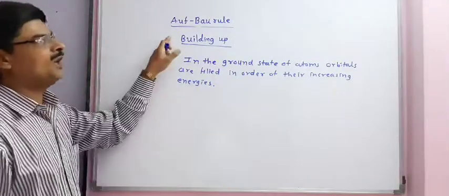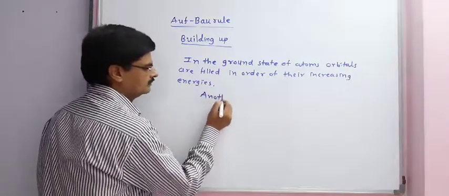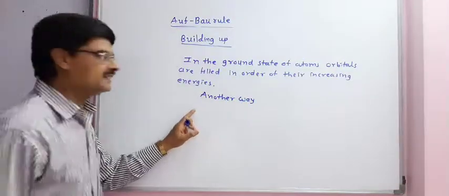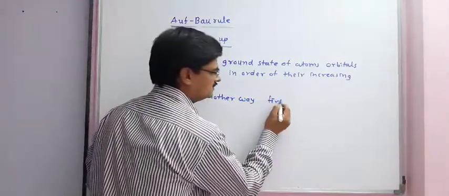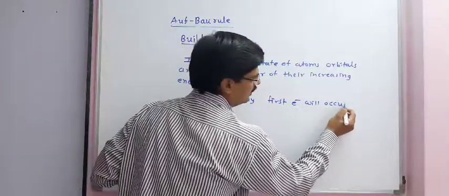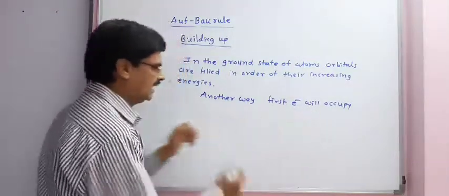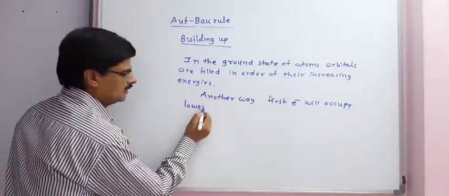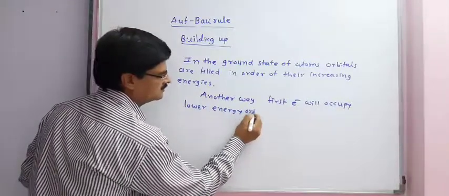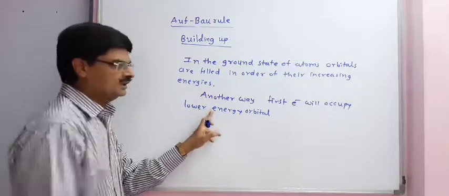This is Aufbau rule. In another way, we can say that first electron will occupy lower energy orbital, means whose energy is lower.